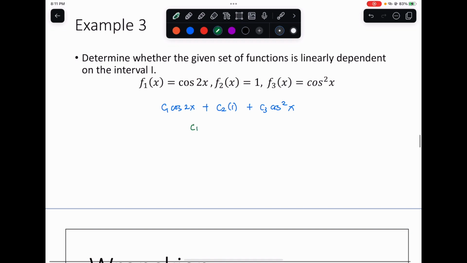So we have C1, C2, and C3. So can we make this one equal to 0?